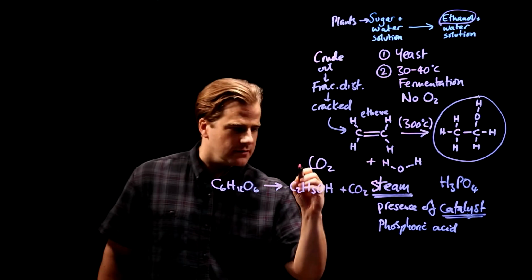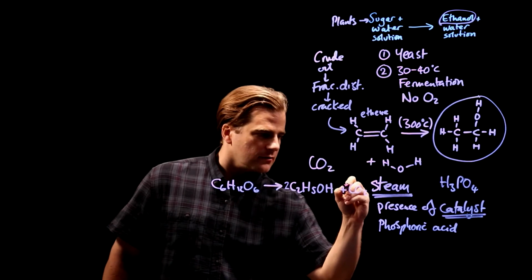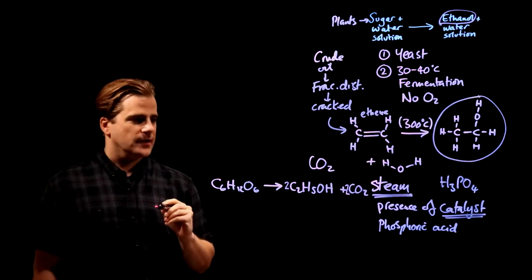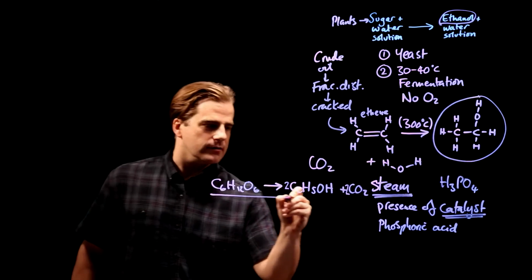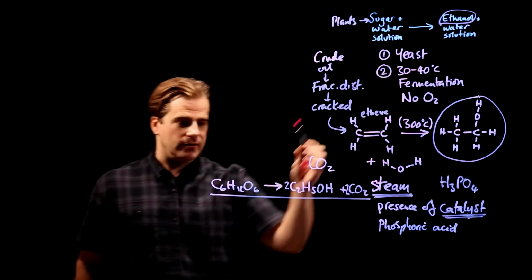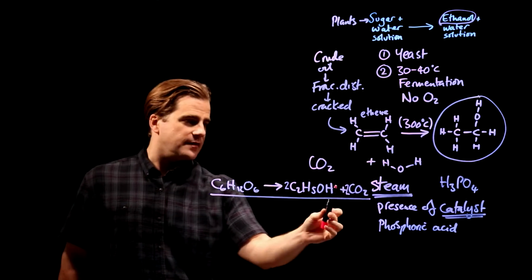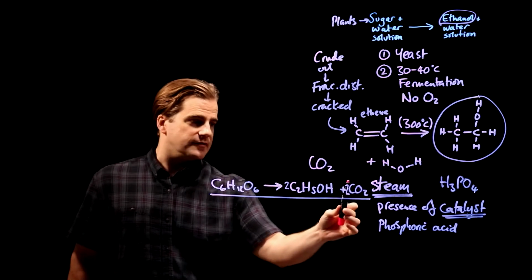Okay, to balance this, there's a 2 there and a 2 there. Okay, so that's the actual chemical reaction that's going on in the plant method. You take your glucose, and with a yeast catalyst it makes ethanol, but it also releases CO2.